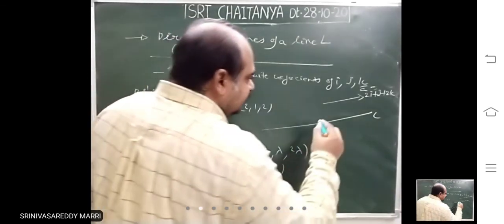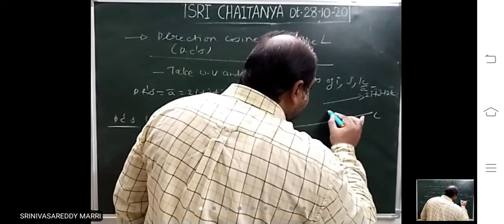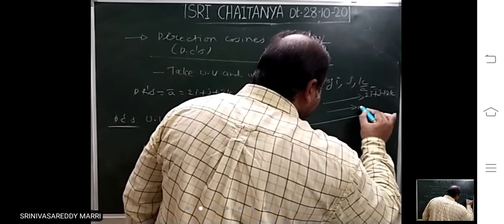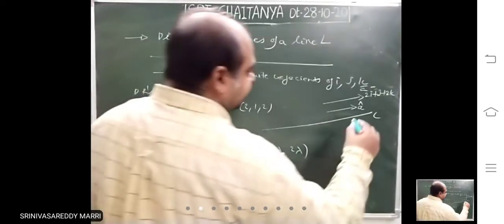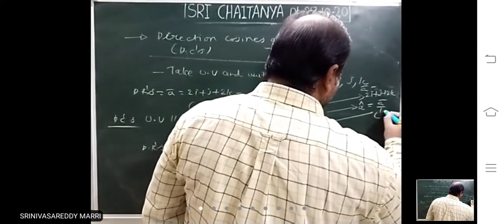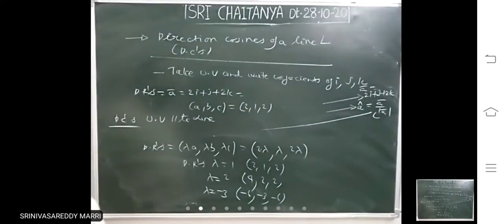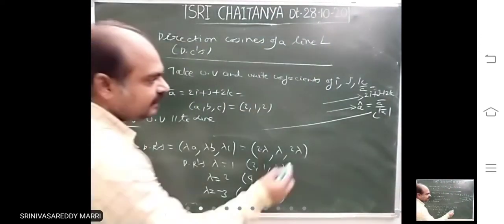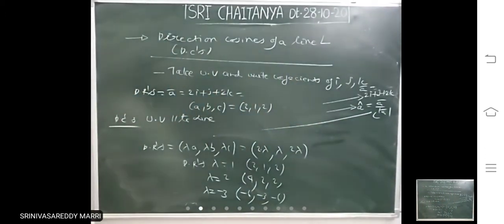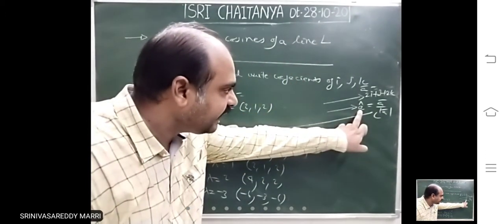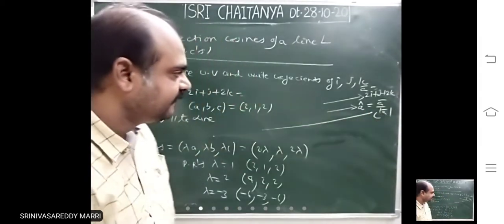This A bar is in this direction, A cap will be there. In the direction of A bar, the unit vector will be A cap, that is nothing but A bar divided by modulus A bar. This unit vector will also show the direction of the line. If a unit vector is taken, then they are called DCs.